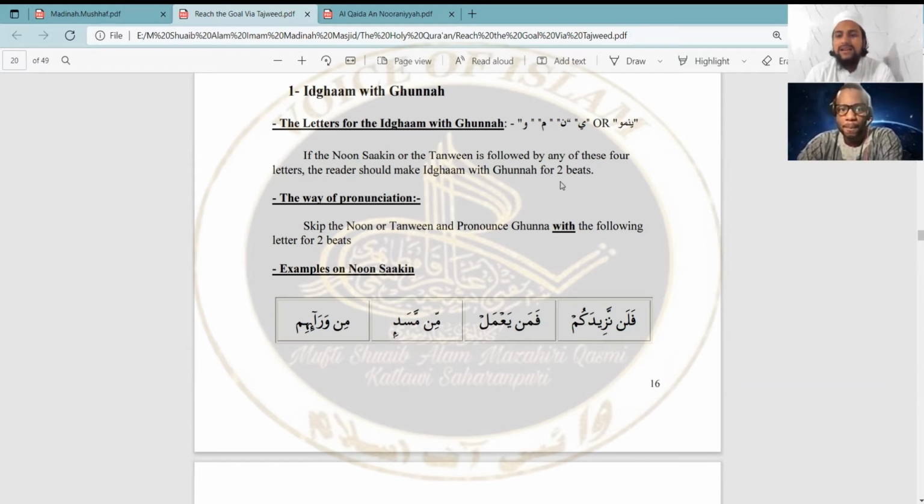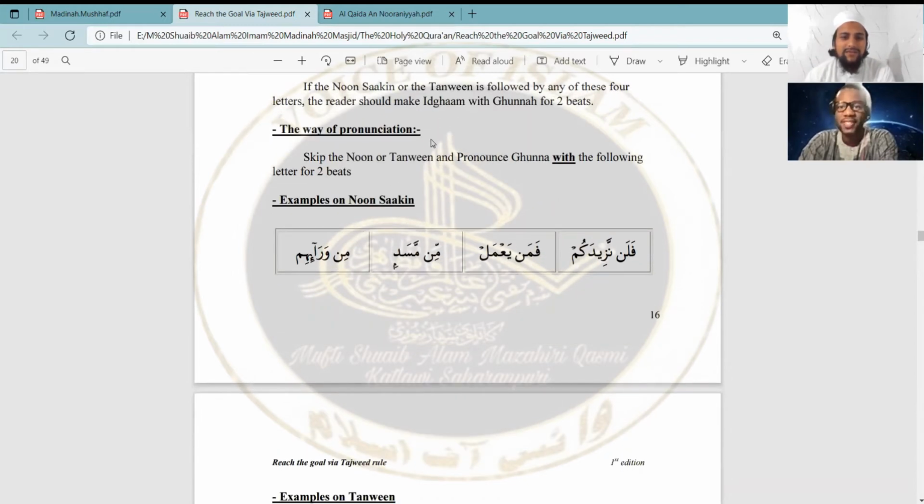And that is idgham with gunna, because we know the rule: if the noon sakin or the tanween is followed by any of these 4, and waw is included. So we got the reason.